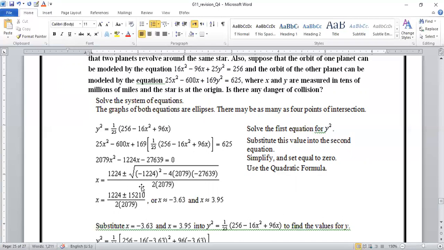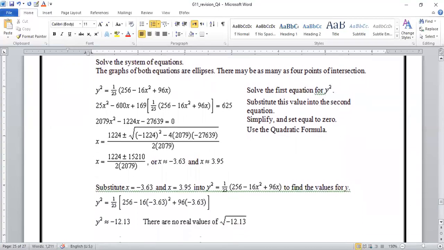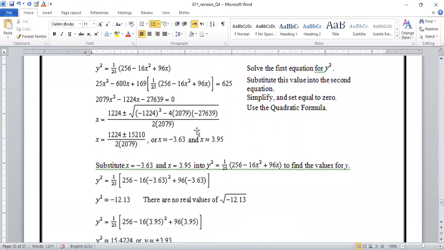In fact, use the quadratic formula to get the value of x. We have two values, x equals -3.63 and x equals 3.95. Then we substitute in this equation to get the value of y.